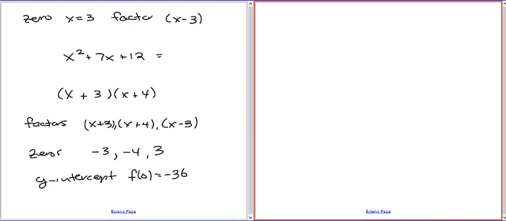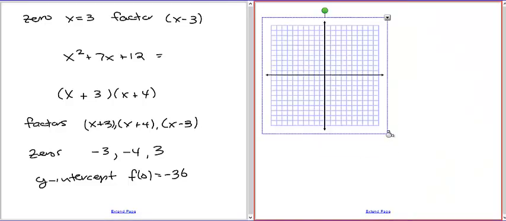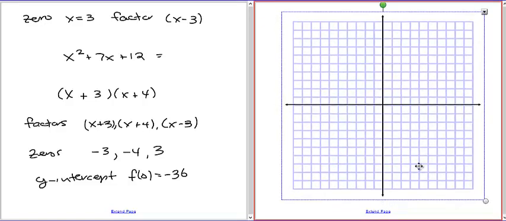So if we get our graph paper out, we'll go from negative 10 to positive 10 on the x-axis, and we'll go from negative 100 to positive 100 here.